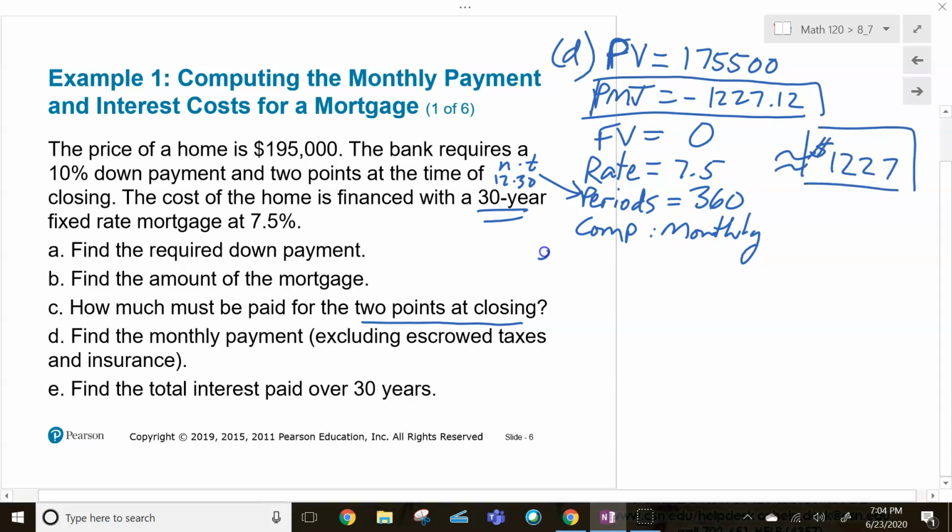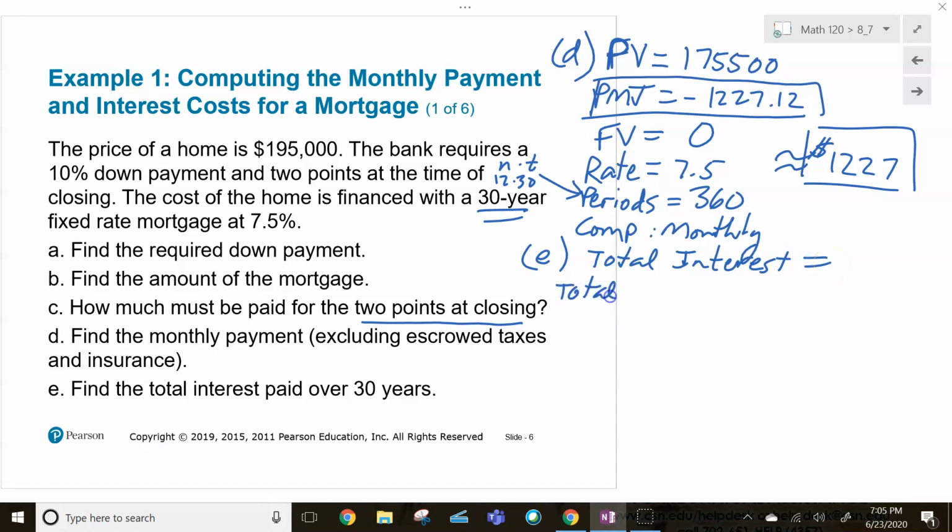Okay. Part E. What's the total interest paid to the bank over 30 years? Well, let's find how much did we pay in total. So total interest comes from the difference between what we paid total, and we're going to subtract it from the mortgage amount.